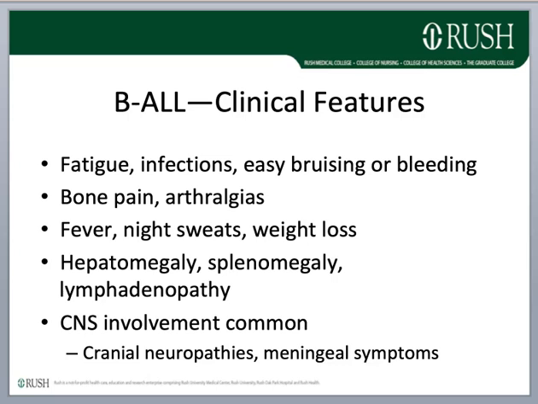Bone pain or arthralgias may be prominent complaints, and you may see constitutional symptoms such as fever, night sweats, or weight loss. Hepatomegaly, splenomegaly, and/or lymphadenopathy are present in up to half of adults. Central nervous system involvement may show up as cranial neuropathies or meningeal symptoms, and this is something that characterizes ALL from AML generally.